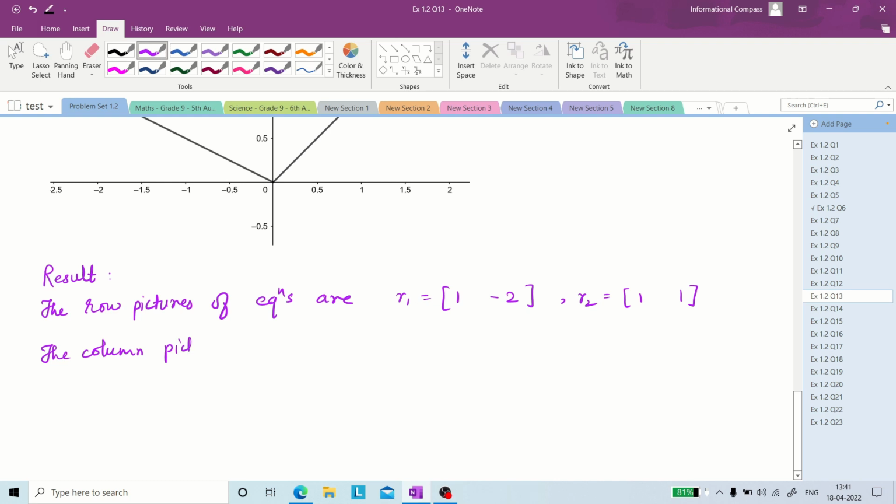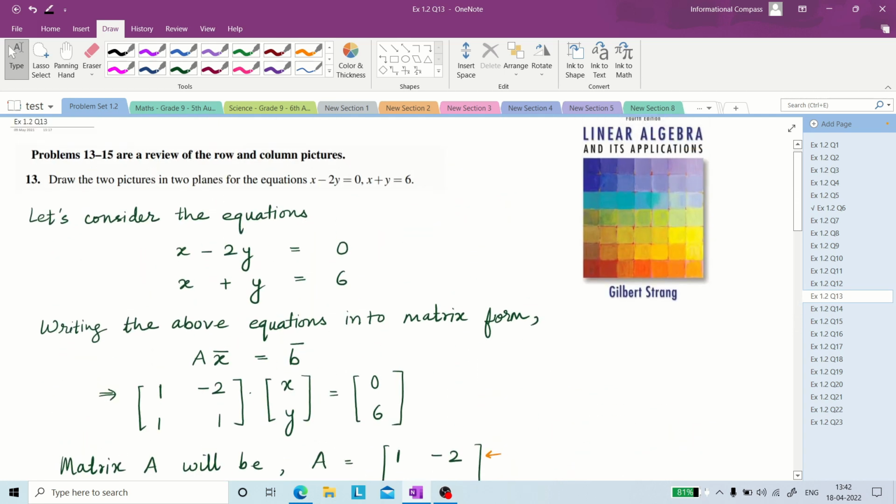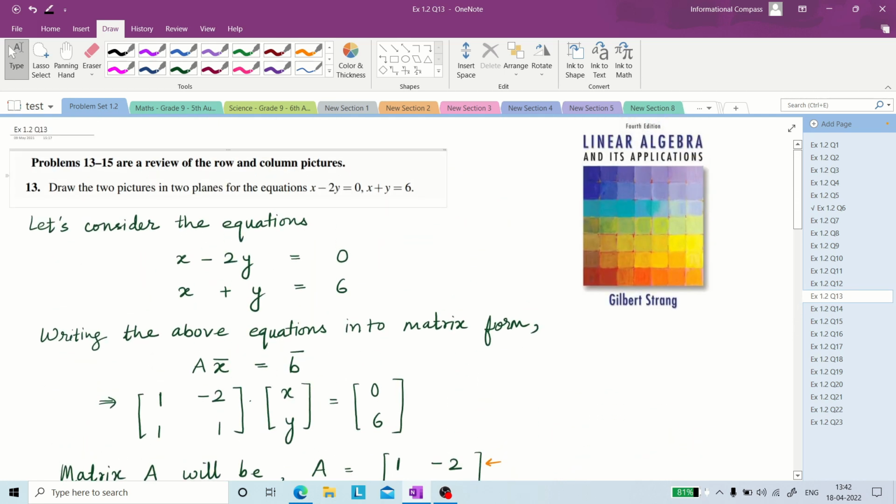We need to wrap this exercise in this video itself. The column pictures of these equations are C1 equal to 1, 1 and C2 equal to minus 2, 1. Clear? Great. So this is our result and this is our solution for question number 13.